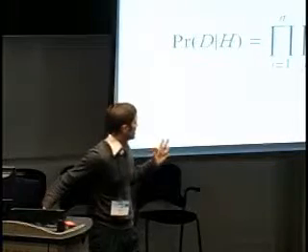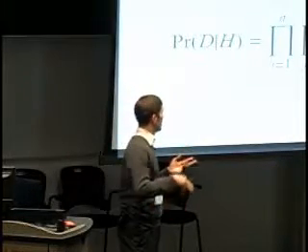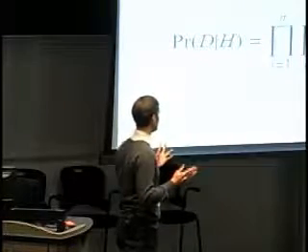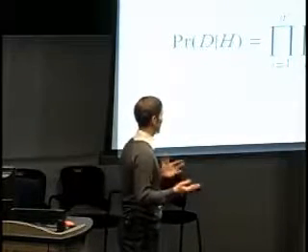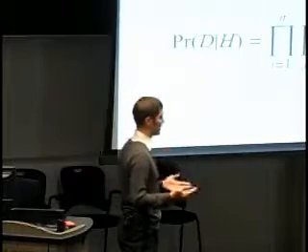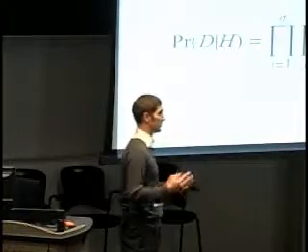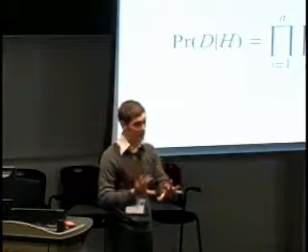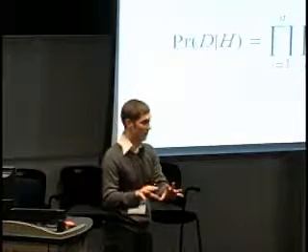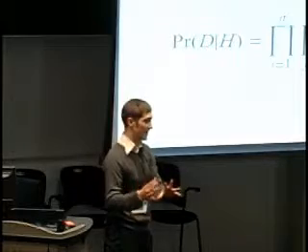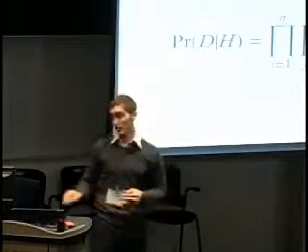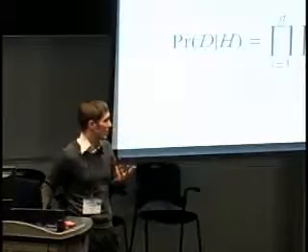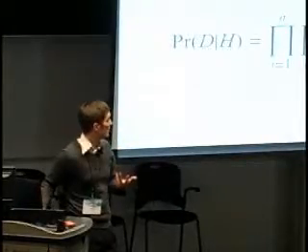All I want you to take away from this slide is that we can get an estimate of the probability of that topology given the data by calculating the probability of the data given the topology. So for a given topology, we can say, if this topology is true, what is the probability that we generate the observed data from it? That gives us an estimate of how likely a certain topology is.